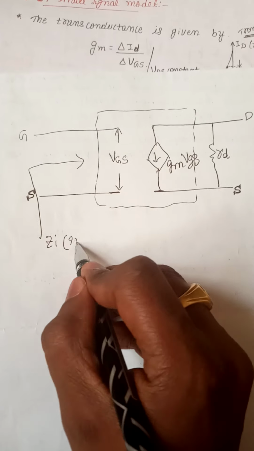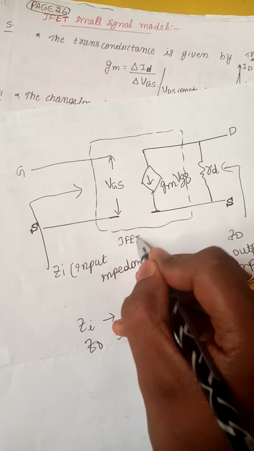That is one of the advantages of JFET. What is the output impedance? Zo is equal to RD, that is nothing but the drain to source resistance. This model we call the JFET small signal model.